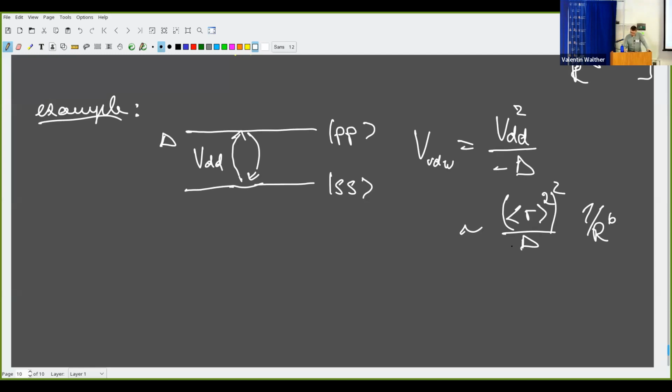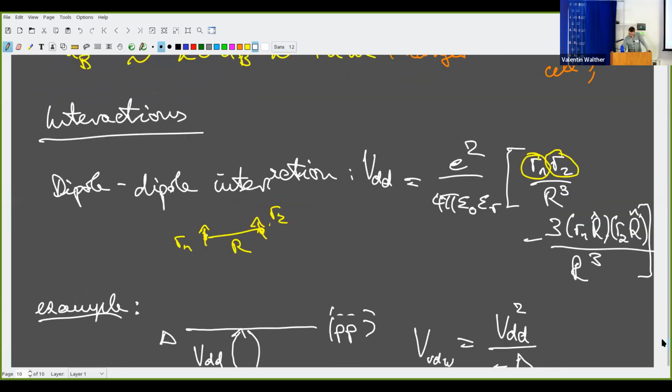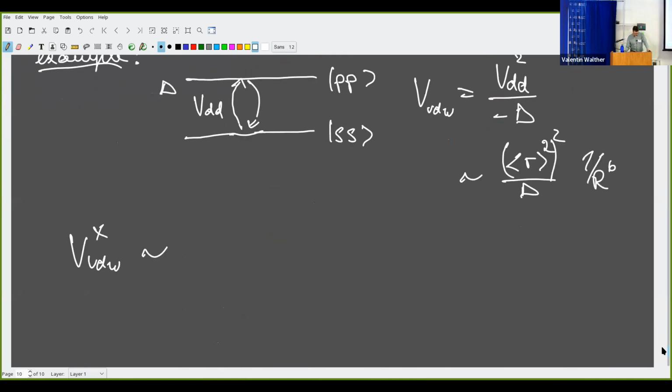So now if we look at this, if I want to calculate V van der Waals of excitons, and I just want to do a back of the envelope scaling argument, then I have to include all the factors here. So we apply the dipole operator twice.